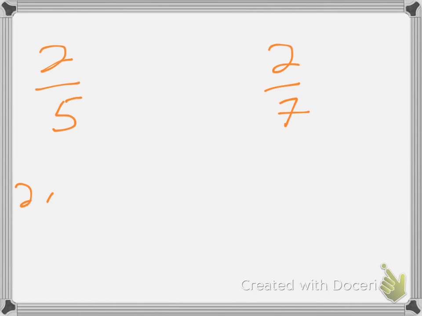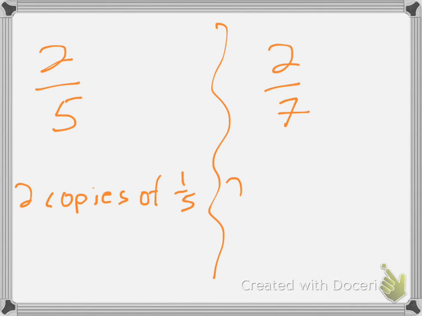This is 2 copies of 1 over 5, and this is 2 copies of 1 over 7. Well, we know 1 over 5 is greater than 1 over 7, so it follows that 2 copies of that will be greater than 2 copies of 1 over 7.